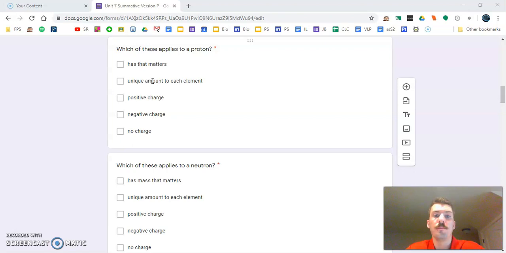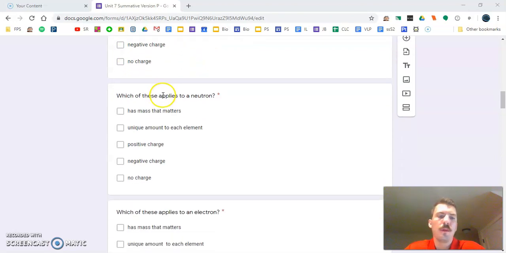You would have helium. We already talked about protons having a positive charge. So in terms of a proton, these three choices are the only ones that apply. Negative charge, no. No charge, no. So protons have mass that matters, a unique amount to each element, and a positive charge.